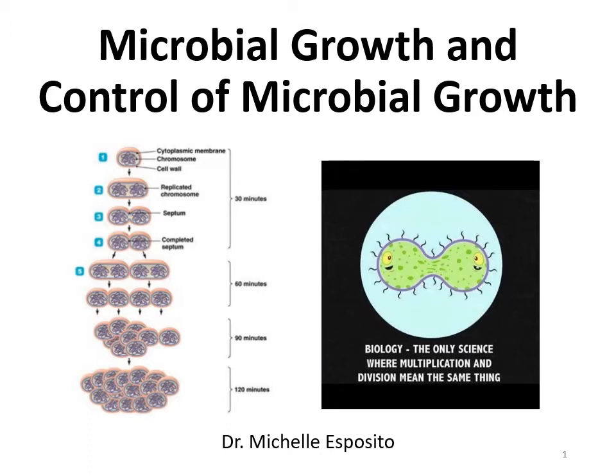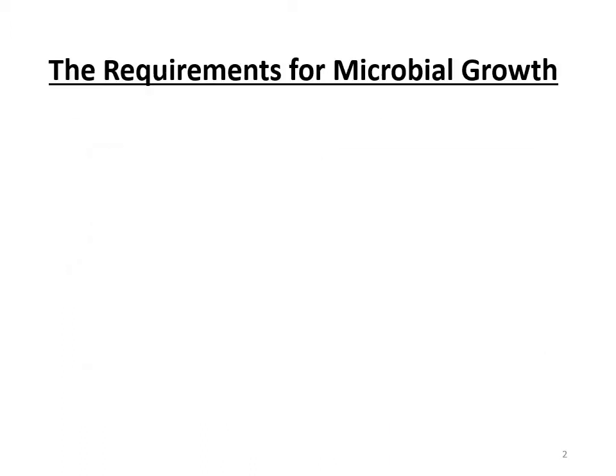Now, when you think about microbial growth and control of microbial growth, the first thing you're going to want to consider is what exactly do microbes need in order to grow? When we talk about requirements for their growth, there are two main categories, okay?